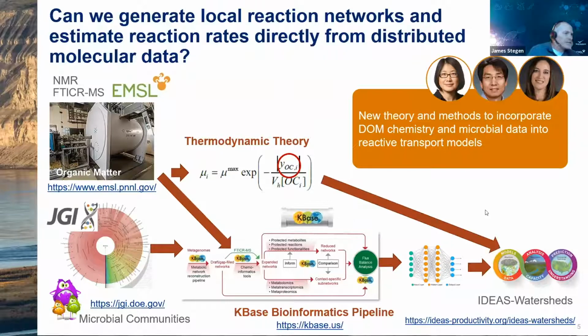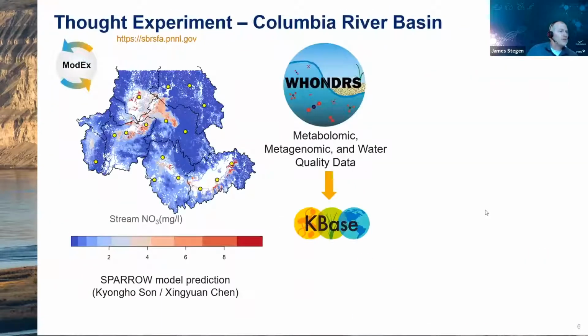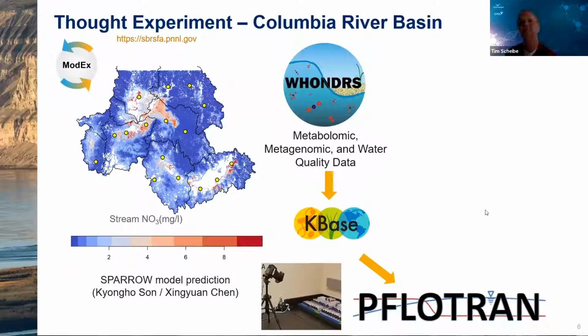I missed one that was kind of on the MODEX theme. Do you use special tools for optimal design of experiments based on your preliminary model predictions? So in the case that I described, we didn't really use any special tools other than the outputs of the models. We did use, in that case, some machine learning methods to classify hydromorphic features within the river, which we used in combination with the model results to guide our design.